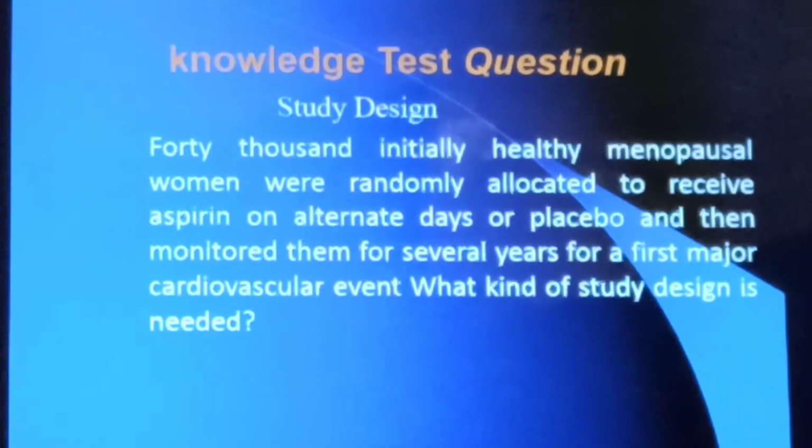Now I have a set of knowledge testing questions for you. The first question: 40,000 initially healthy menopausal women were randomly allocated to receive aspirin on alternate days or placebo, then monitored for several years for the first major cardiovascular event.